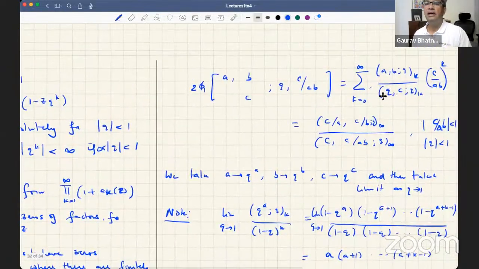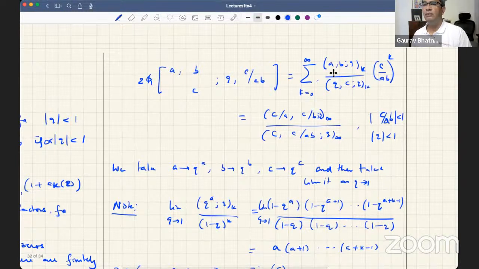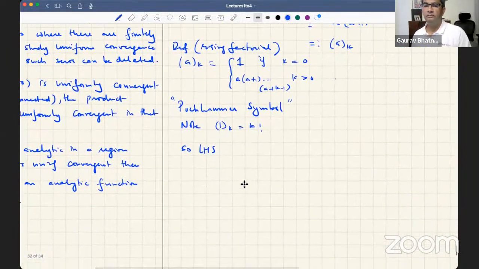So the LHS, which means this sum, what we're doing is dividing by 1 minus q raised to k, also dividing here, and we take limits. Here a is replaced by q raised to a, b is replaced by q raised to b, and so on.